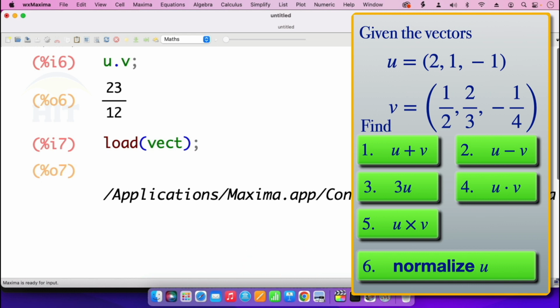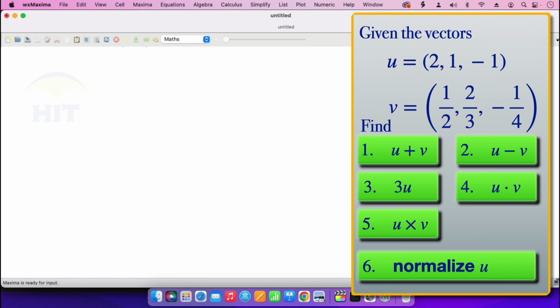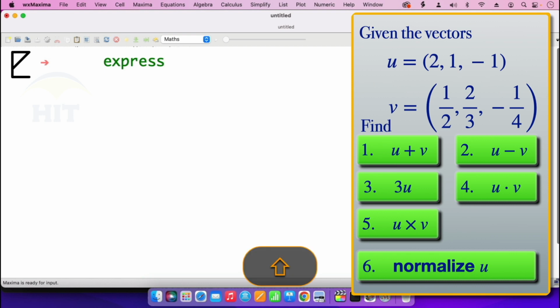So I will now go on to find the cross product of the two vectors. After loading the package, we evaluate the cross product of those two vectors. For the cross product, we need to type in express, and then open parenthesis. We are looking at the cross product of the vectors u and v.